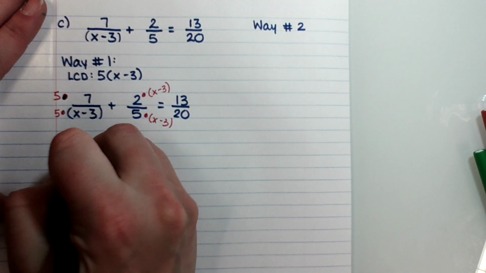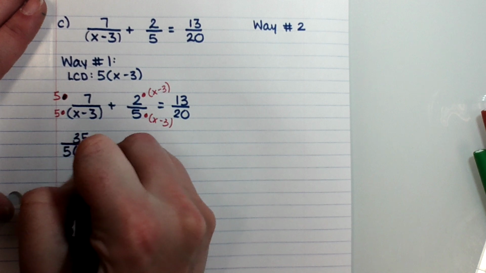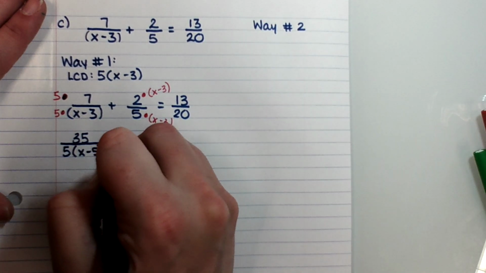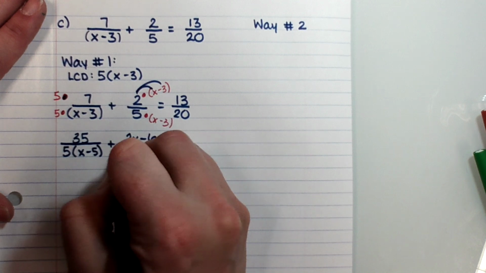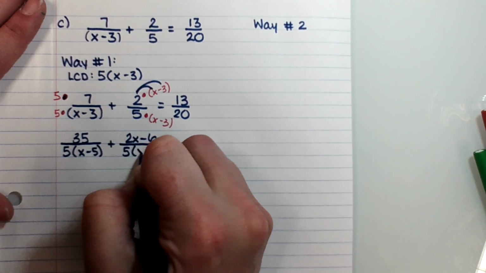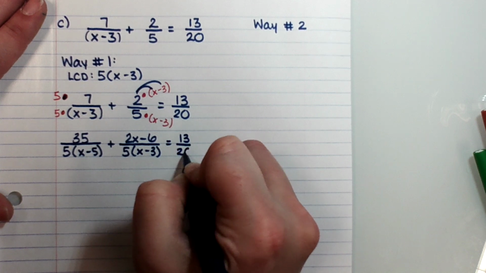Five times 7 is 35. Denominator is now 5 times x minus 3, plus 2x minus 6 over 5 times x minus 3. Still equal to 13/20.